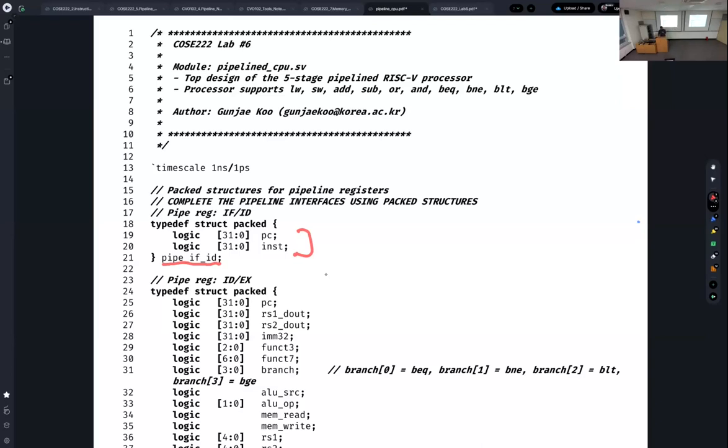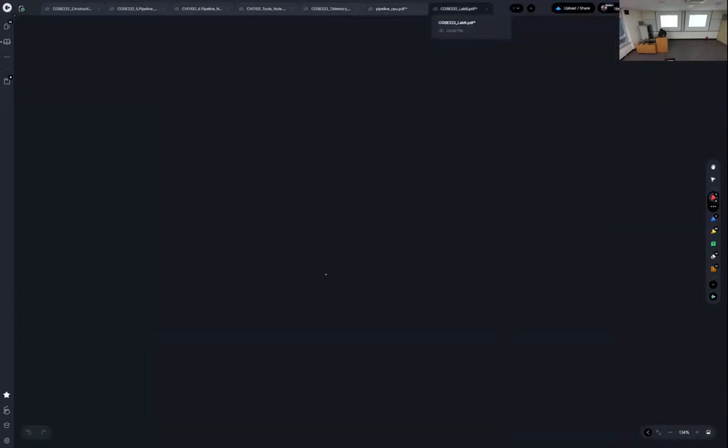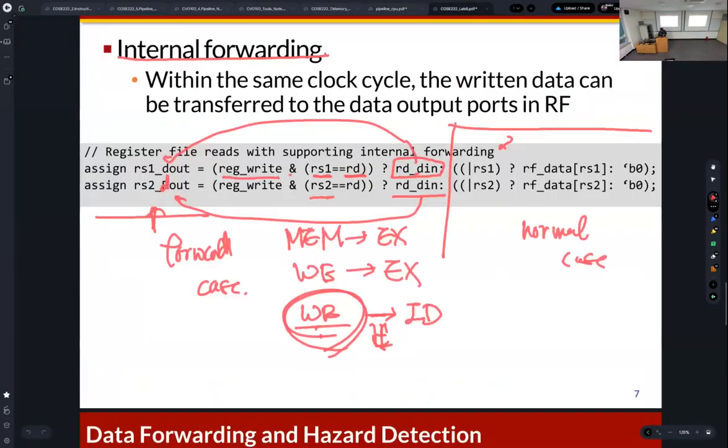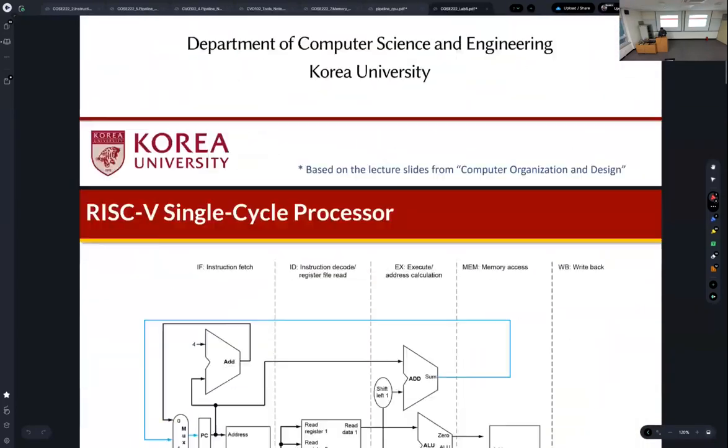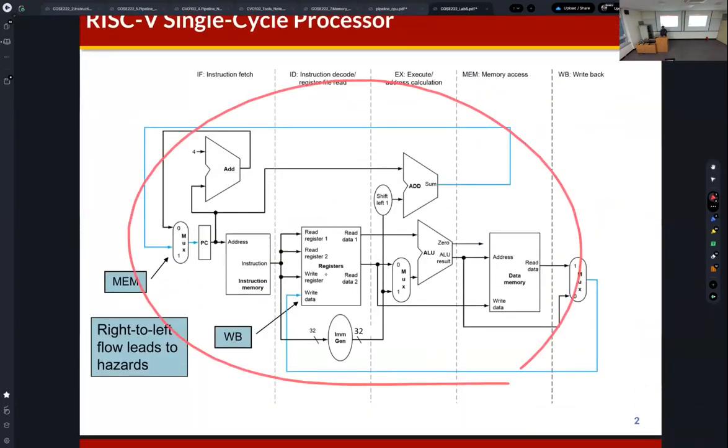So even though you failed to implement the single cycle processor, you can use the included single cycle CPU .scp. This is the complete design, and you can start from this part. This is the single cycle processor design.